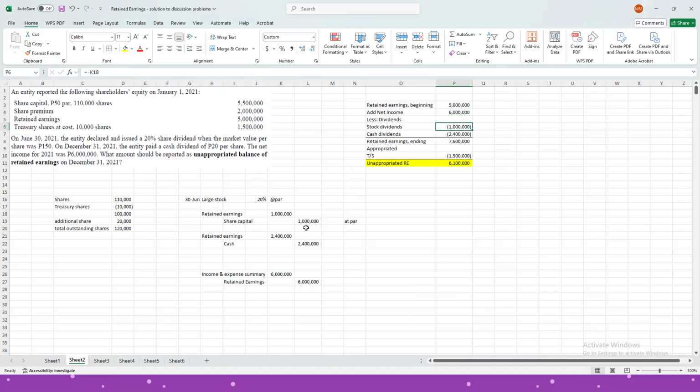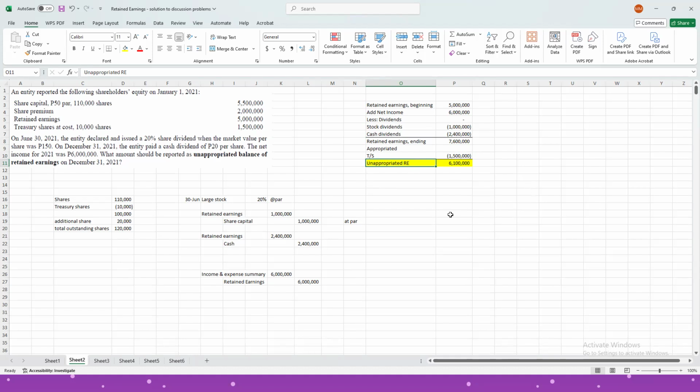We have the stock dividends of 1 million and cash dividends of 2,400,000. So we have a retained earnings ending of 7,600,000. But then the treasury shares of 1,500,000 is appropriated. So pansinin mo dun sa template earlier, treasury shares are part of the legal appropriation. Therefore we have to reduce the total retained earnings with that amount to come up with the unappropriated retained earnings. Okay, so that's problem number 2.